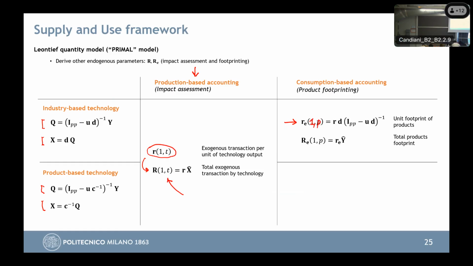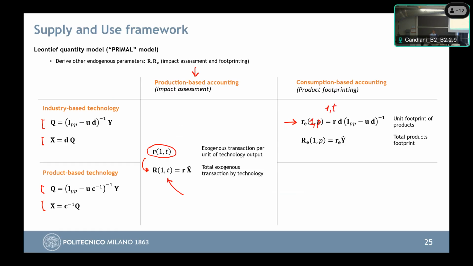So how can I account for this? Let's check this equation here. I have the R, that is 1 by technology, times D. So it's like saying, I need the environmental transactions coefficients R, but these coefficients are expressed by technology. So how can I translate these coefficients expressed by technology to by products?